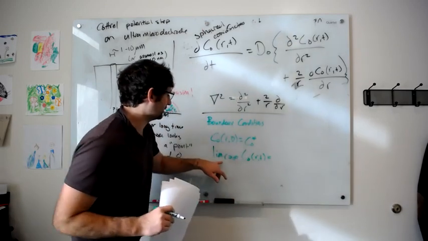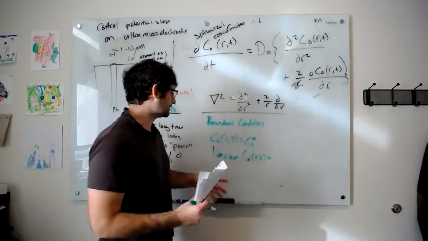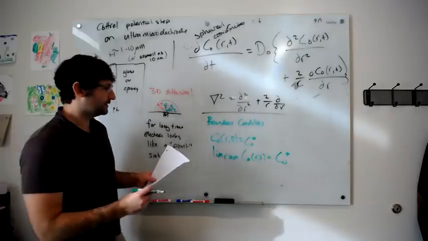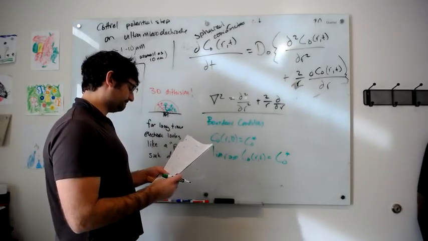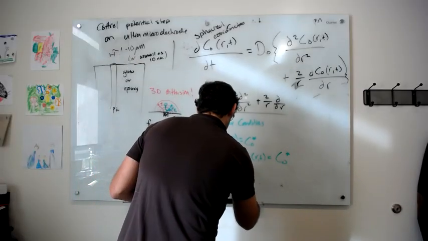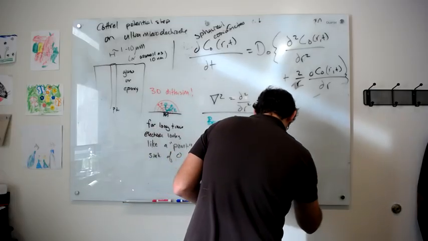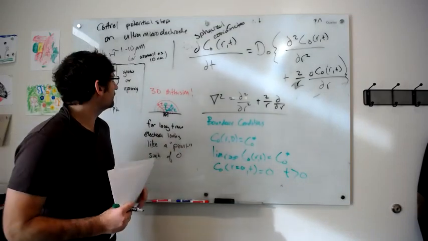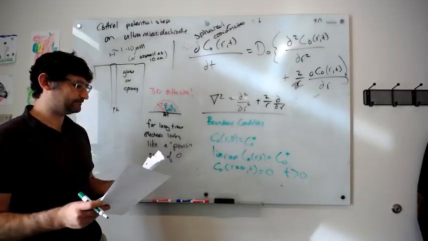What's that going to be equal to? If I go very far away, what's C_O going to be? Well, that's also going to be C_O star, right? Because I'm far away, I haven't perturbed that. And the surface condition, C_O(r=0,t), is always going to be 0 for t greater than 0. So that's just saying that I'm consuming all the O at the electrode surface for r equals 0. So if I go way back to the electrode surface, remember that we're considering this a point.